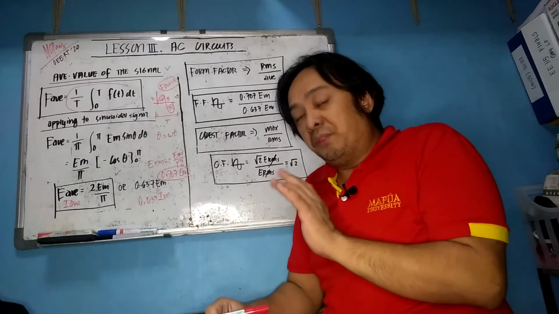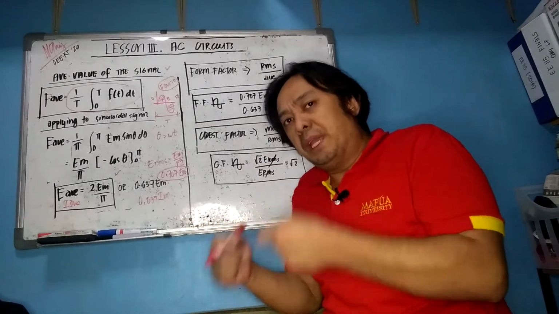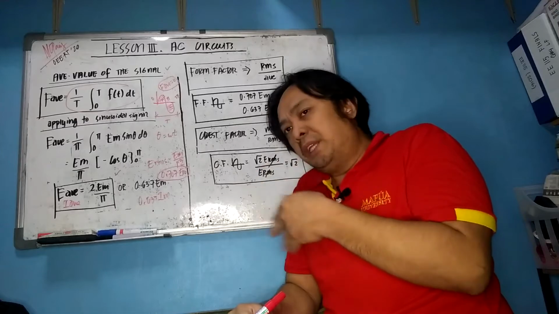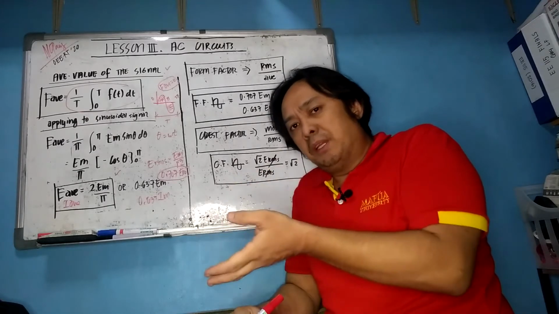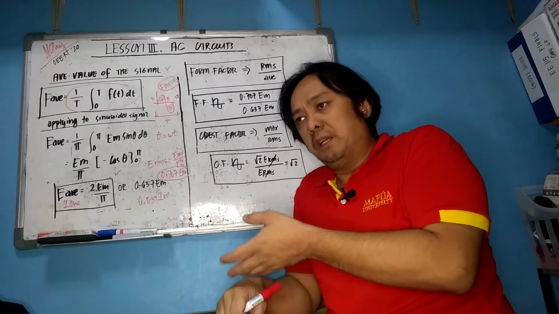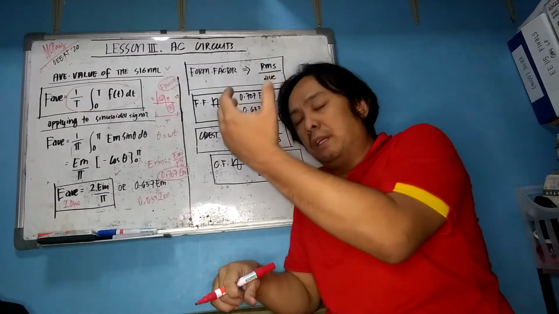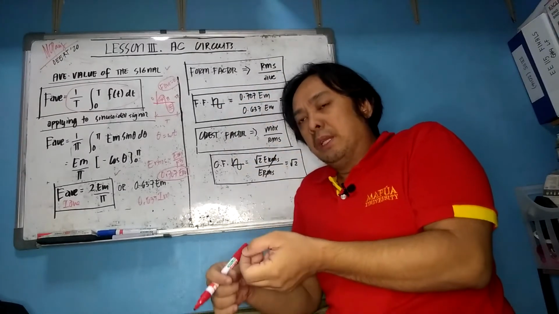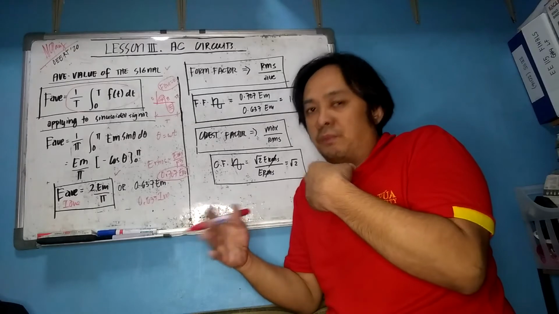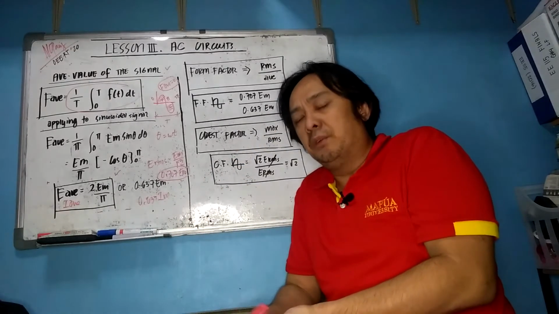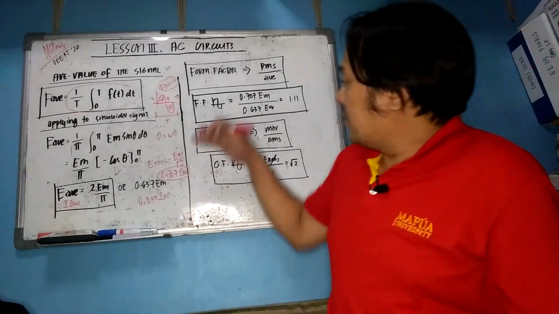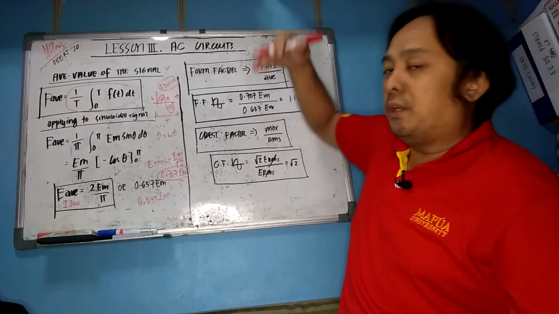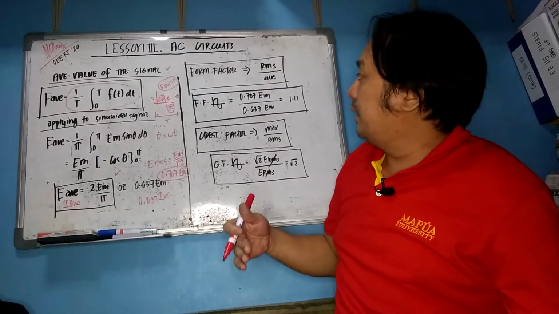There are some definitions that will become very handy when finding an average value given an RMS, or getting the average value given E_max, or vice versa.